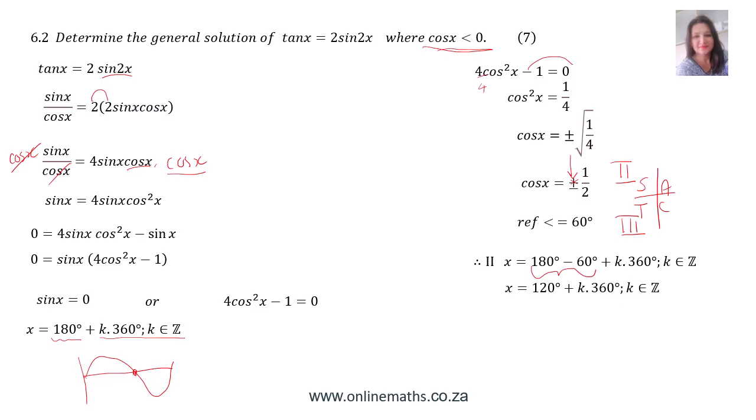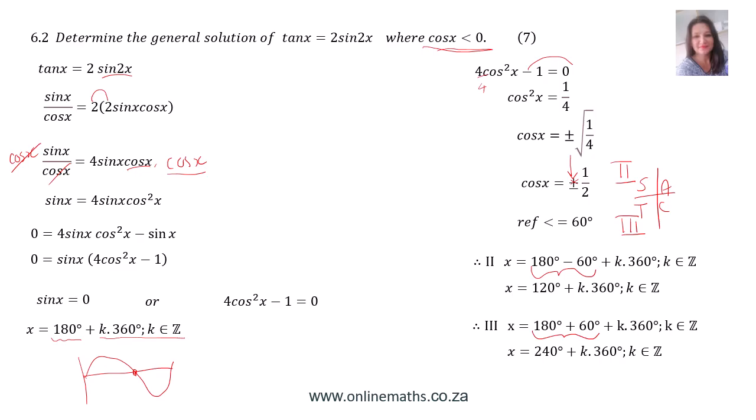So I get x is 120 plus k times 360, k element z, because it's general solution. And in the third quadrant, that quadrant is the 180 plus reference angle. So answer, x is 240 plus k times 360, k element z.